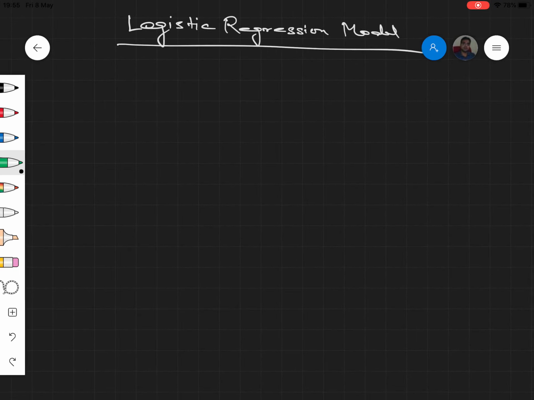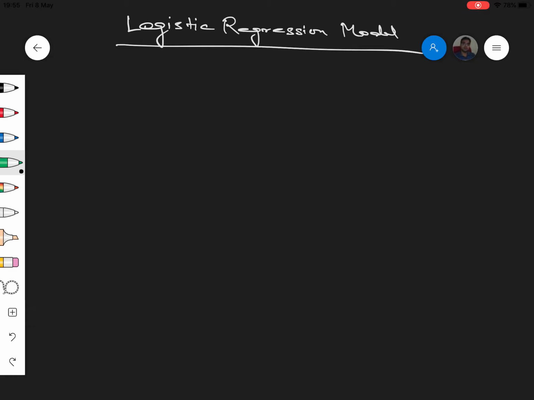Suppose I take the same example of classification of brown people or white people. Here we have to be very clear whether we are going to use linear regression or non-linear regression. Linear regression means we are going to fit our data with the function z equals ax plus b.